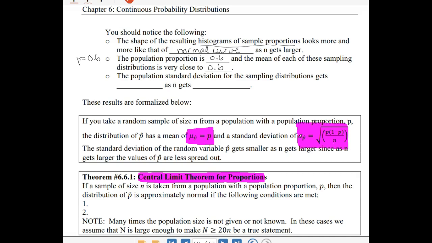But just like in the last section, the standard deviations were affected by the sample size. The standard deviation for the sampling distribution gets smaller as n gets larger, which makes those curves more concentrated near that central value of 0.6.